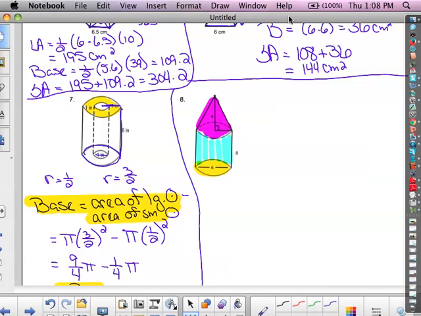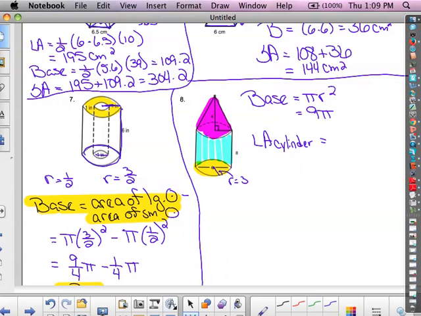So we'll start finding the total surface area by finding the area of the base is equal to pi r squared. The diameter is 6, which means the radius is equal to 3. So the base is 9 pi. Then find the lateral area of the cylinder.